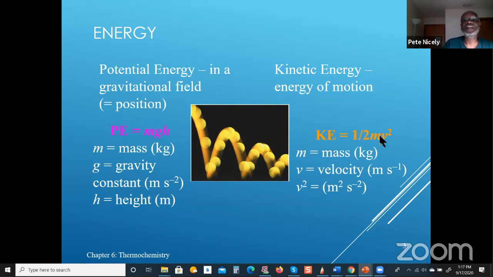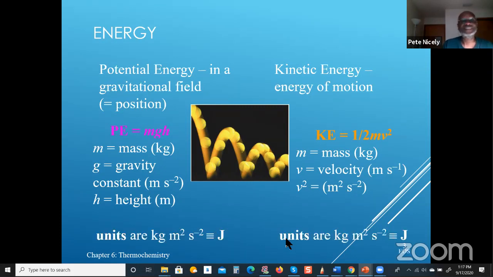And then over here, we have the formula for calculating kinetic energy, which is half mv squared, where m is the mass in kilograms, and v is the velocity in meters per second, all right? And you'll notice that as a result of using either equation, the final units will be kilograms meters squared per second squared, which is the same thing as the joule unit.